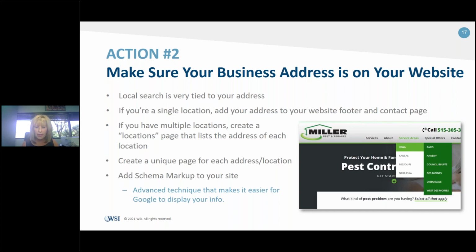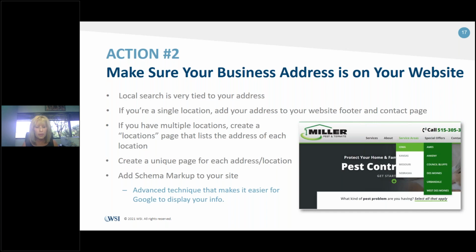At the bottom of your page, usually there's a masthead where you can list your address, your phone number, maybe how to contact you, maybe your social media links are there too. It's kind of your contact info. Put your address in text in there. Do not create a pretty little graphic and slap that in there, because Google can't really read that. Put it as text on your site. Put it on your contact page. So those are two places you can have it.